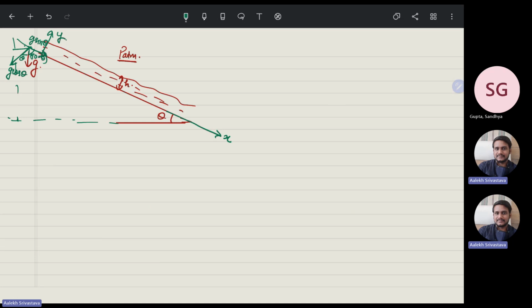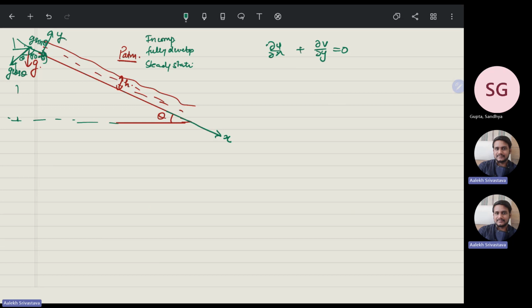So we will write first the continuity equation. This is the continuity equation for incompressible flow and the assumptions are: incompressible, fully developed, steady state. Okay.